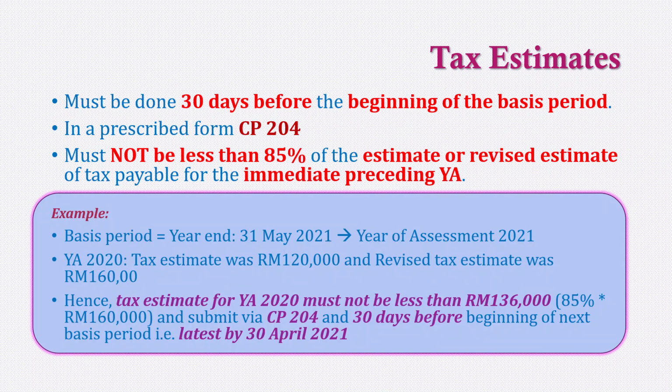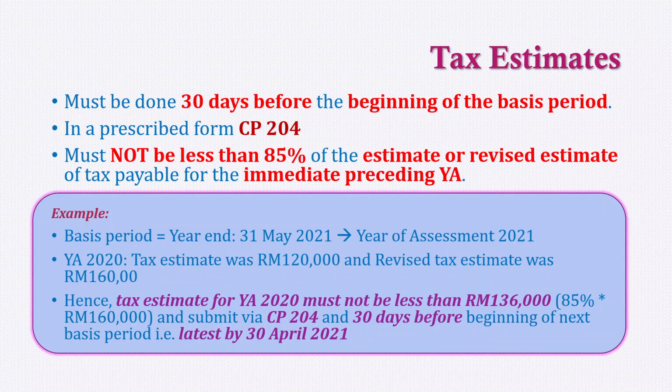Okay, so I give you an example here of how to compute the tax estimate. Here the example is that the basis period is year end 31st May 2021. Okay, so this is for the year of assessment 2021.